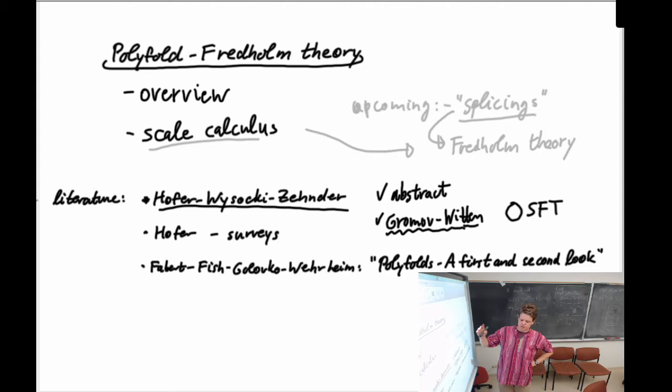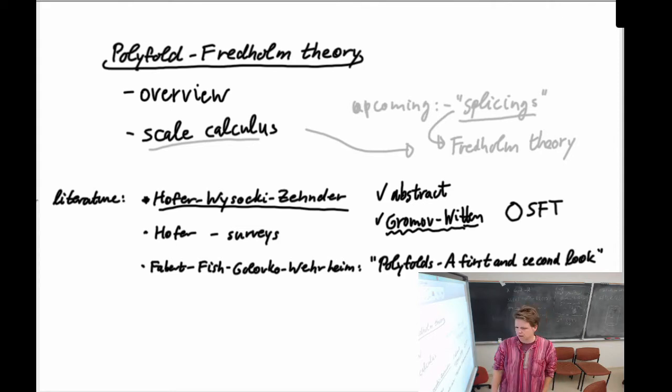Also, if you want to look at ideas, there's several surveys by Hofer, and I, with a couple of other polyfold experts, wrote what started as a dummy's guide to polyfolds, and then it became polyfolds at a glance, and then it became long, so now it's polyfolds at first and second look. And it's still not submitted, so if you find any hiccups or things that you don't quite understand in that survey, definitely let me know.